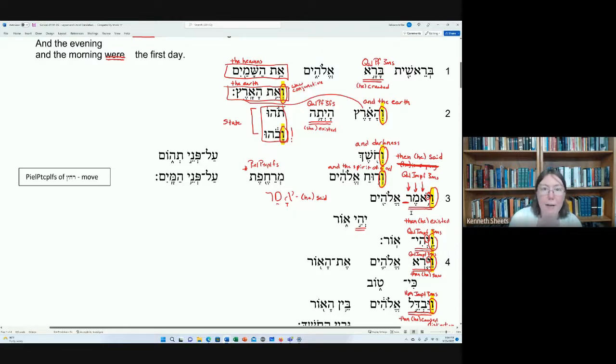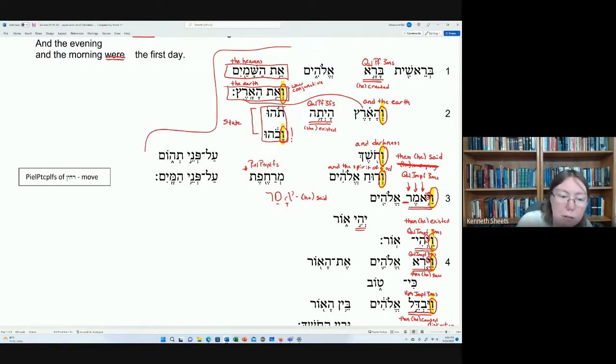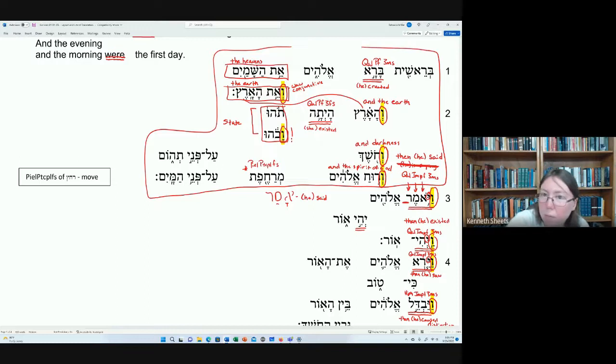We do not have any idea of sequence until we get down here to verse 3, with the first waw consecutive being used there on vayomer. So, thus, because of the presence of just those waw conjunctions, these first two verses are being viewed as a single unit.